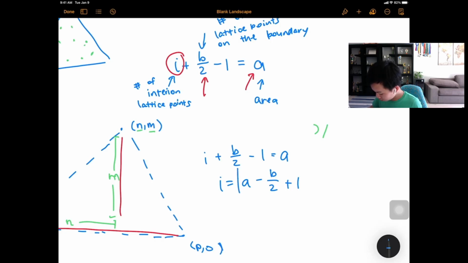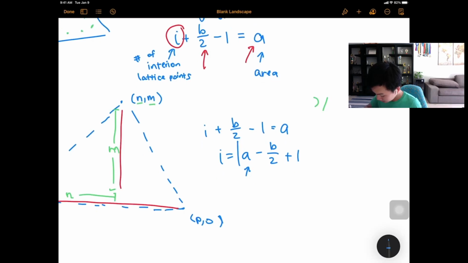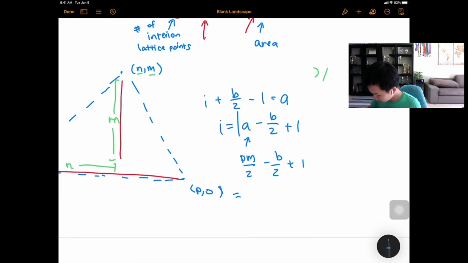So then we know this is equal to PM over 2 minus B over 2 plus 1. So then here we can just do PM minus B over 2 plus 1.